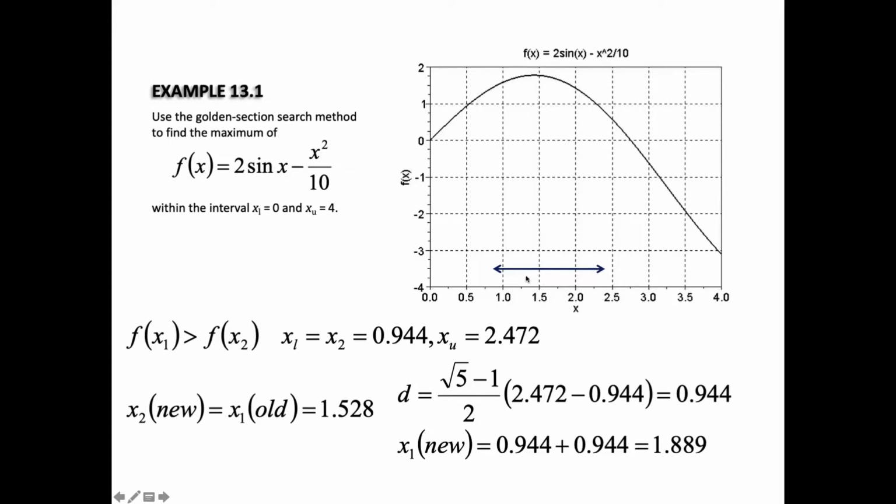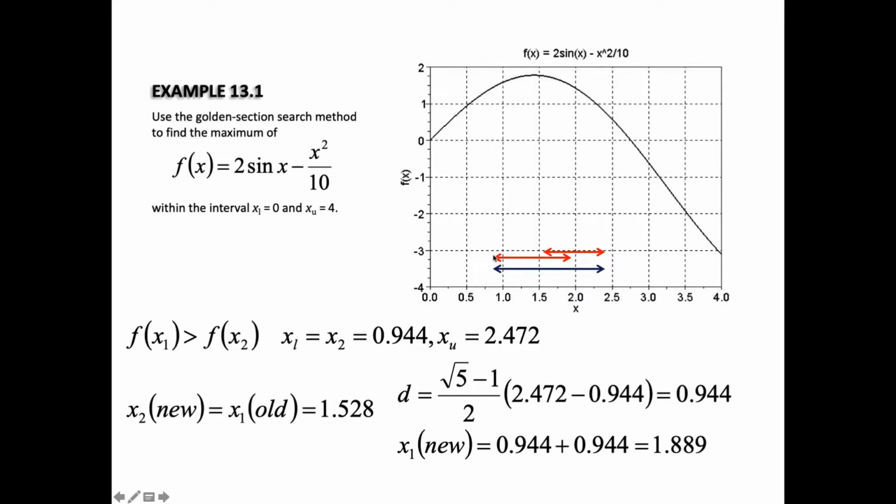We then repeat the process over this new interval from xl equals 0.944 to xu equals 2.472. Solving for d, we get 0.944. We add that to 0.944 here, and subtract that from 2.472 here, which will give us the new x1 and the new x2 respectively. So this is the location of our new x1 and this is the location of our new x2.